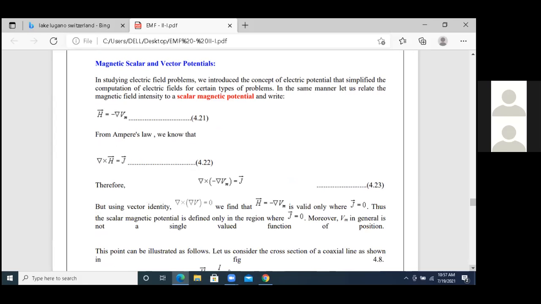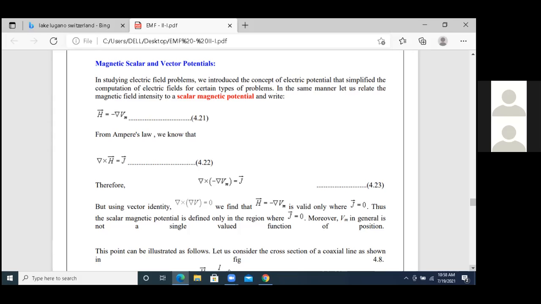So in studying electric field problems, we introduced the concept of electric potential that simplified the computation of electric field for certain types of problems. In the same manner, let us relate the magnetic field intensity to a scalar magnetic potential.